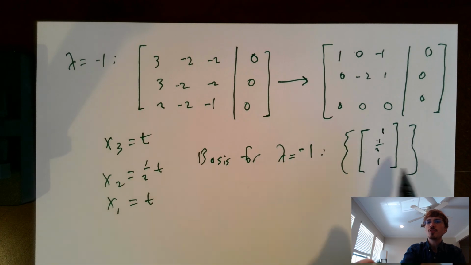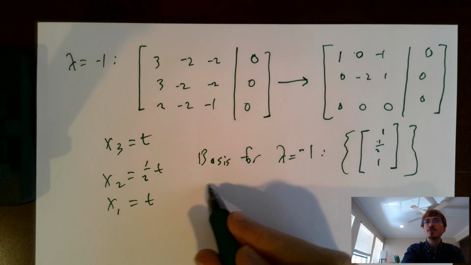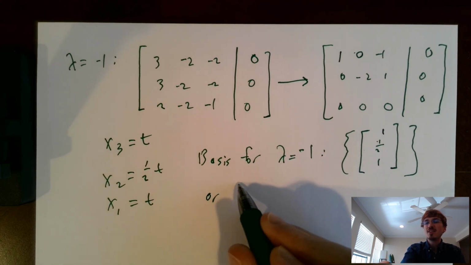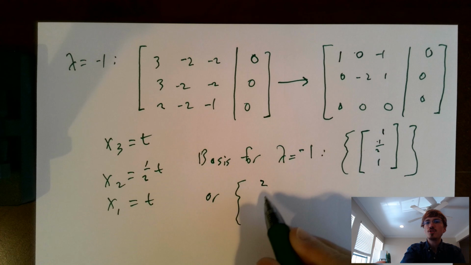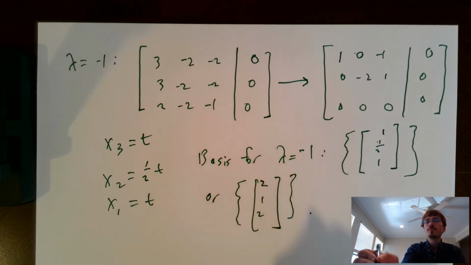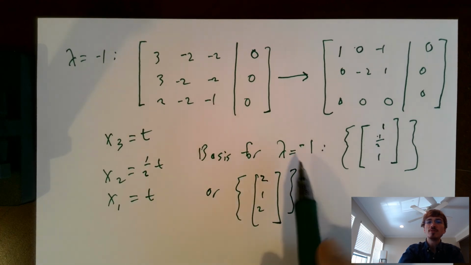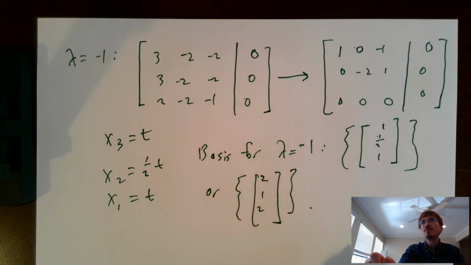Or if you prefer, you could scale this basis vector, if you don't like the fraction, right? You could scale it by 2 and you could get another basis vector. Remember, bases are highly not unique. So you could also have 2, 1, 2 if you prefer. Yeah? Another good basis for this eigenspace. Oh, and this is the eigenspace corresponding to lambda equals negative 1.